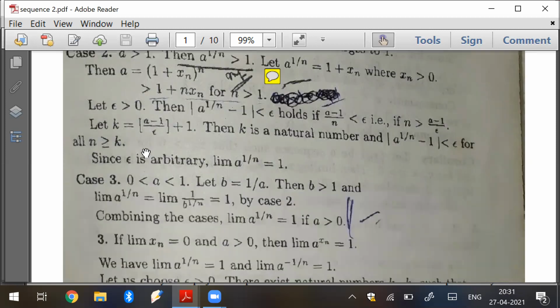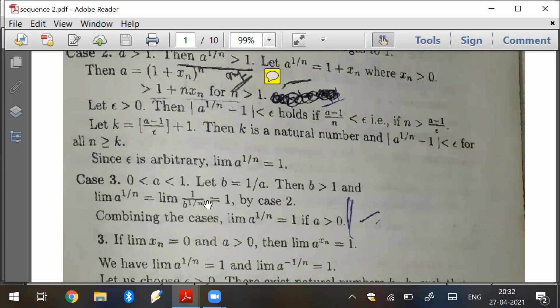Okay. So we have now obtained b, just as we have constructed our b. b is matching the property of case 2. So whatever we said for case 2 is now applicable for b. Okay, so via using case 2 we can claim, limit n tends to infinity a to the power 1 by n, this is again by the algebra of limits, equals the limit of 1 by b to the power 1 by n.